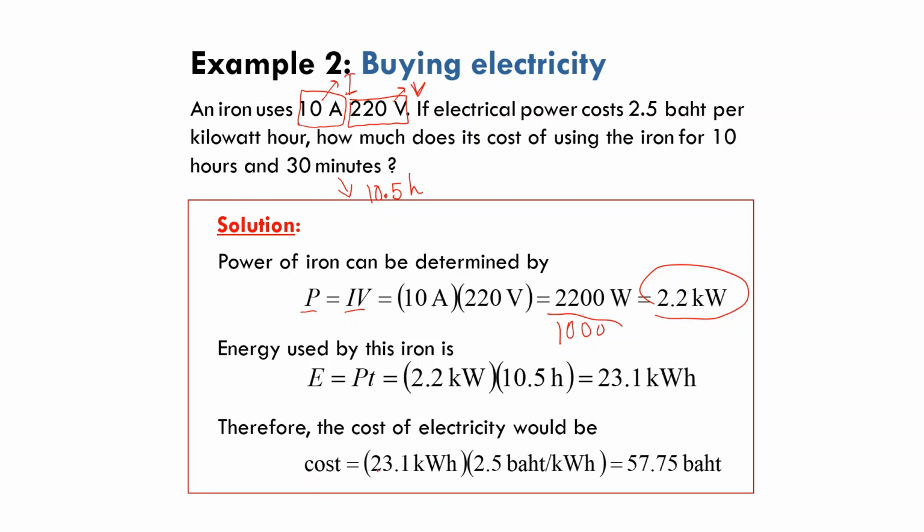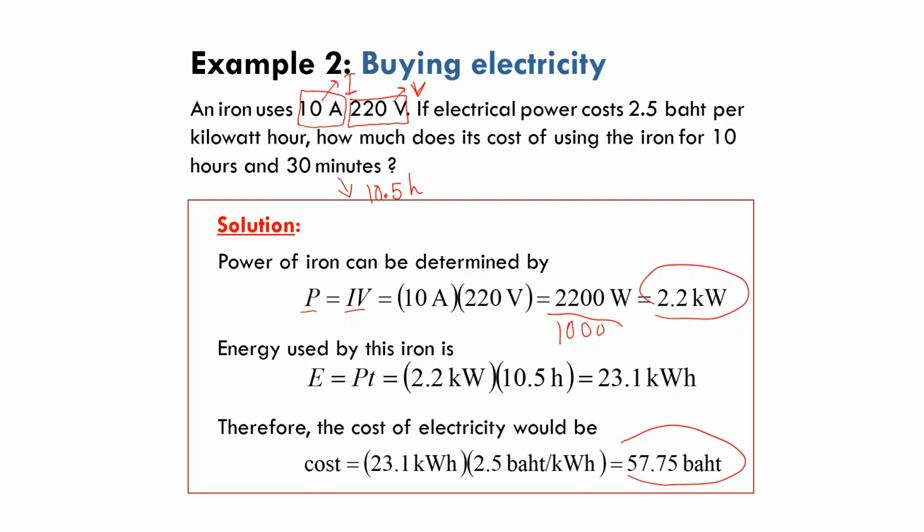The cost is 23.1 kilowatt hours multiplied by the cost of the power, which is 2.5 baht per kilowatt hour. It ends up that you have to pay 57.7 baht if you use the iron for 10 hours and 30 minutes.